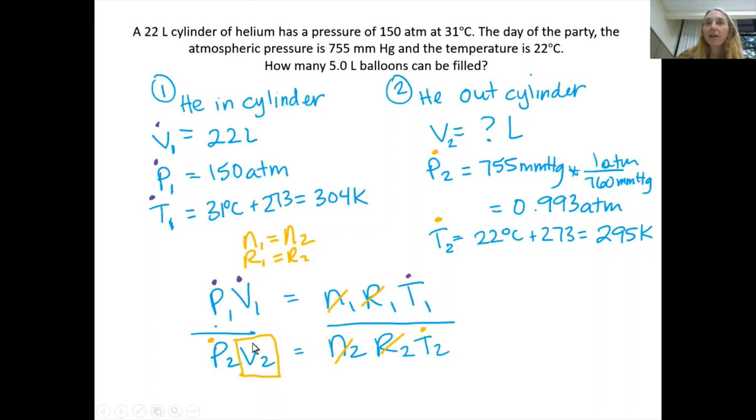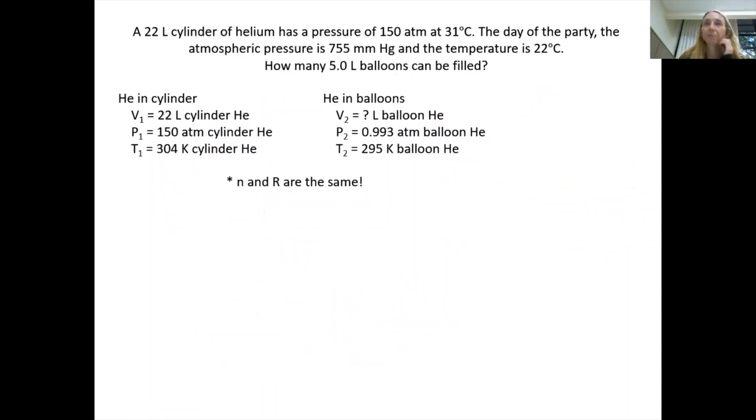I'm going to go to the next slide. All of this information should still be there. I have my helium in the cylinder, and I have my helium in the balloons, which is also out of the cylinder. I have V1, P1, T1, and V2 liters of helium.